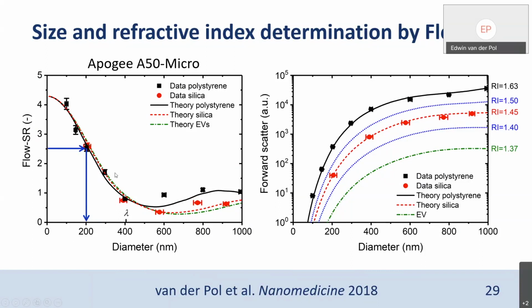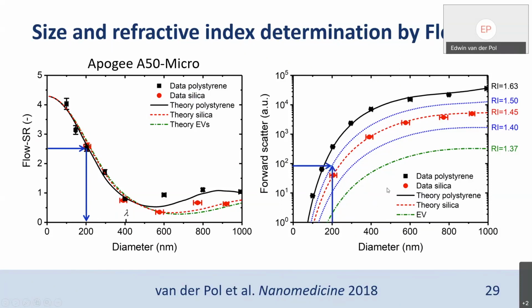At this stage here on the left, we don't know what the refractive index of this particle is. But if you combine it with the calibrated forward scatter detector here on the right, and in fact, you see here the calculations for only 5 refractive indices, but to do accurate refractive index determination, we make a lookup table of many more refractive indices and smaller steps.